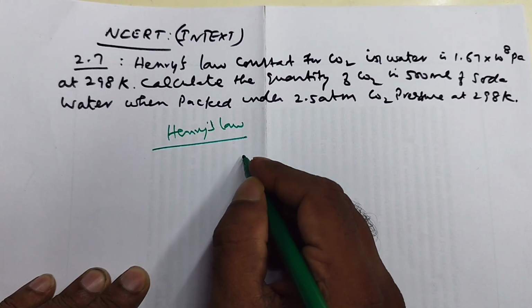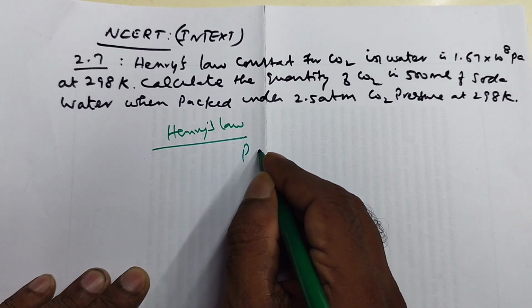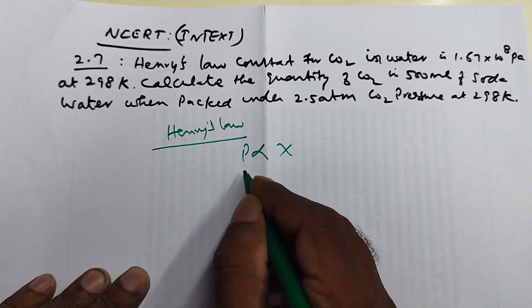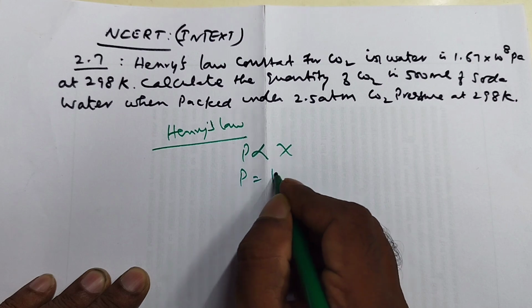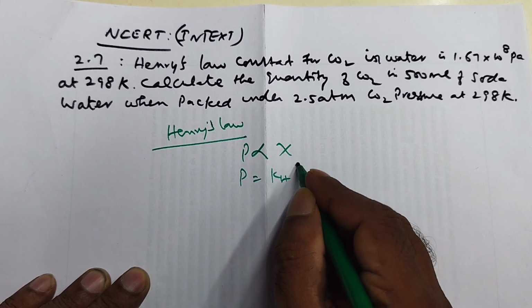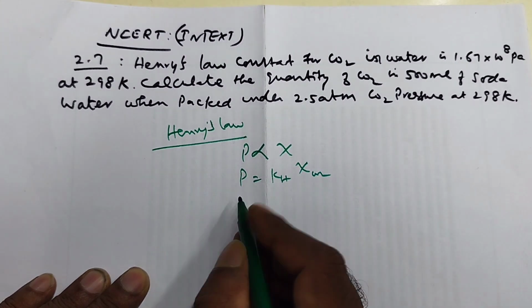First we will write the Henry's law formula. Partial pressure is directly proportional to the mole fraction. Partial pressure is equal to Henry's constant times the mole fraction of CO2.